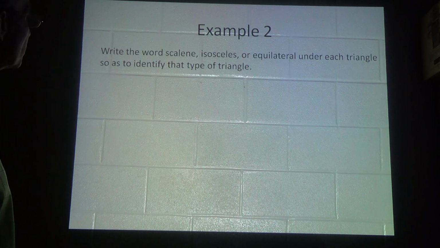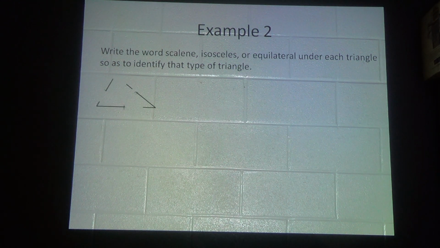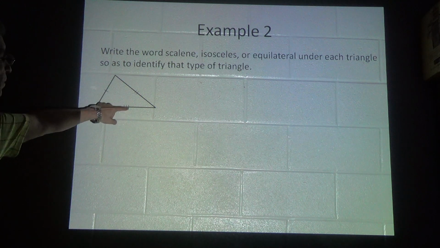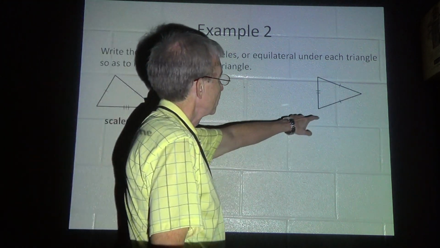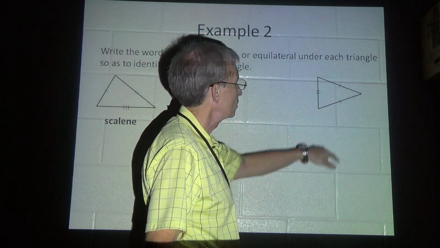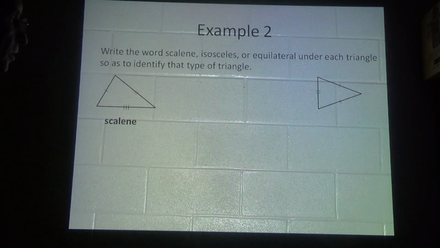Okay, example 2, they want you to write the word scalene, isosceles, or equilateral under each triangle so as to identify which kind it is. So this time we have this one. We've got 3 different markings on it, so this makes this a scalene triangle. This triangle over here, these 2 sides are marked with a single mark each, so that means that you have 2 sides that are the same length, so that makes this an isosceles triangle.